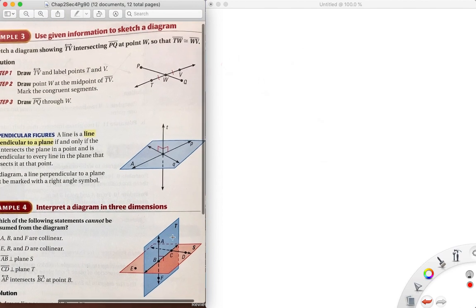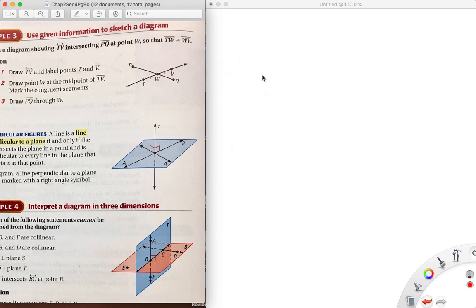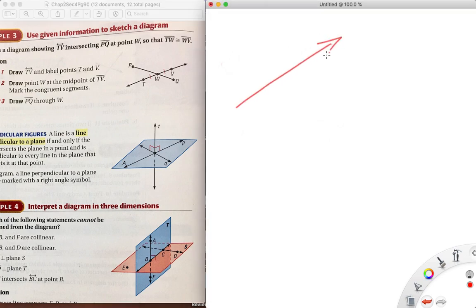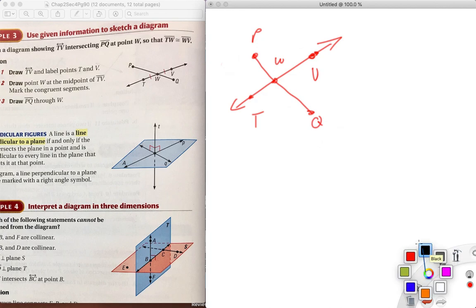So we look at this picture here. They want to know what I can do to make PW, PQ look congruent. So we have an intersection at W. This is a line segment P, line segment Q. It's cutting TV in half, and it shows that these two are congruent, WV, WT.